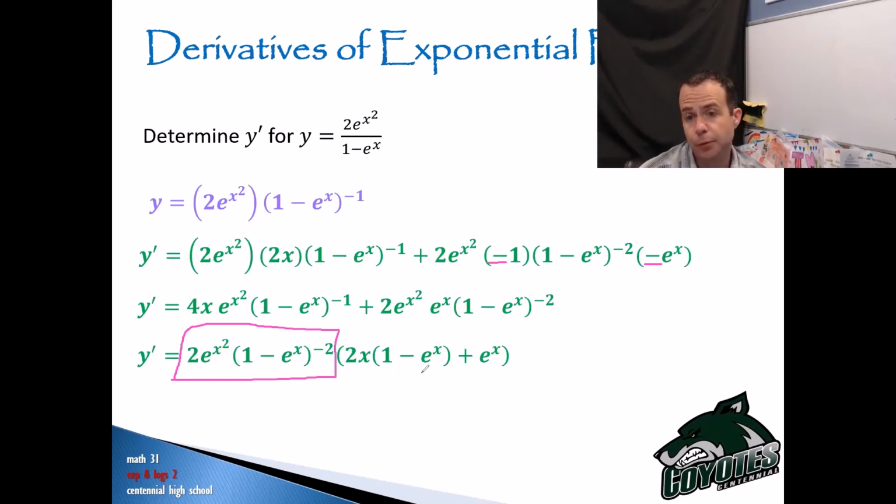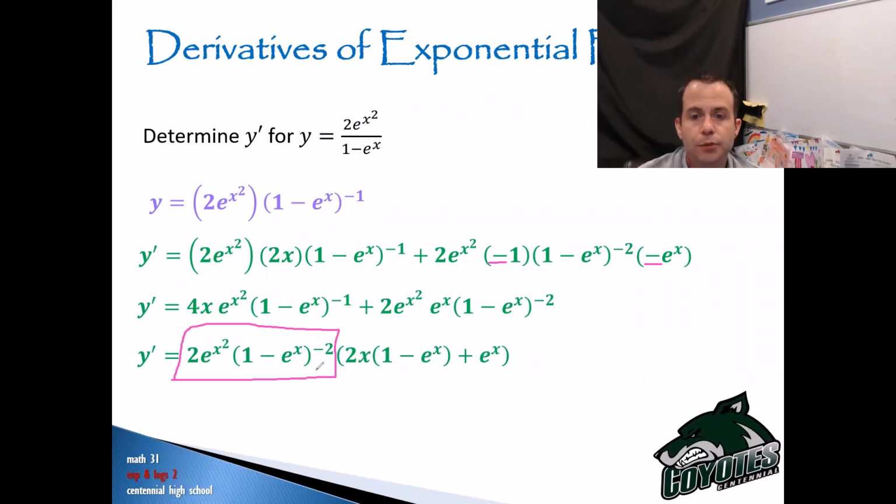And then what I'm left with, when I take this first term and divide by 2, I'm left with 2. My x I didn't do anything with. The e to the x squared is gone. And then I have, this was to the -1, so that leaves me with 1 minus e to the x. And then over here, the 2 is gone, the e to the x squared divided out. I'm left with e to the x, and this one I factored out.